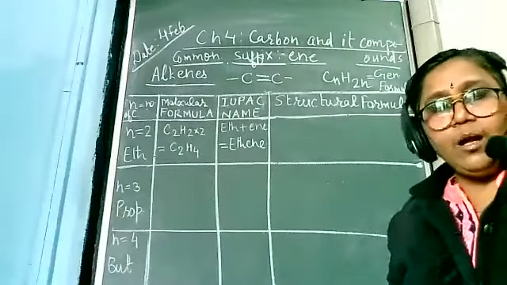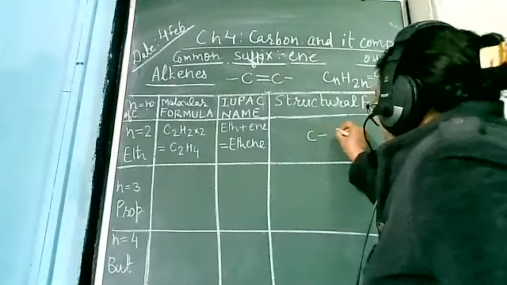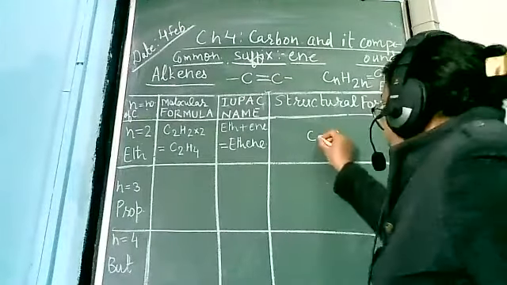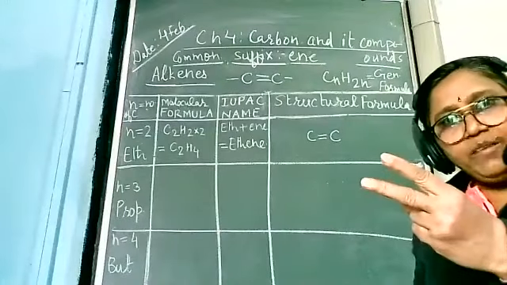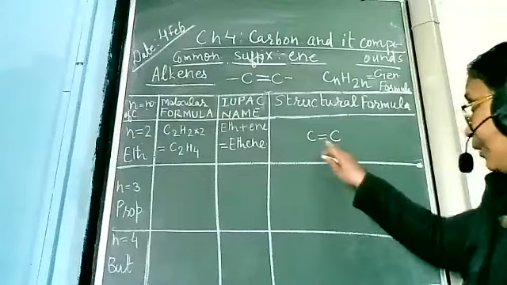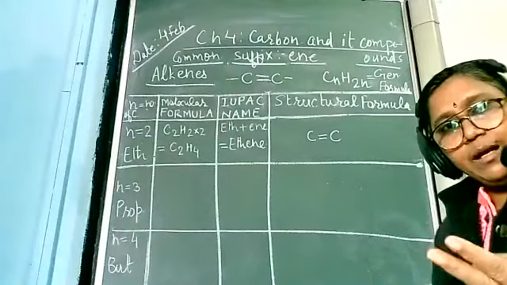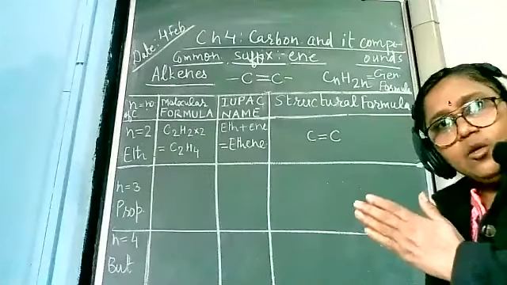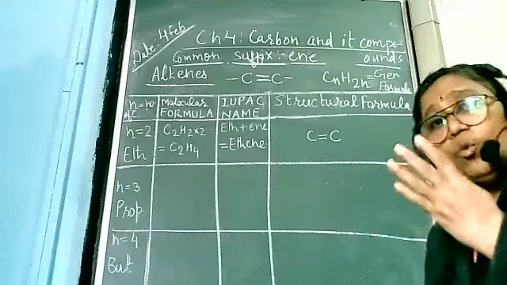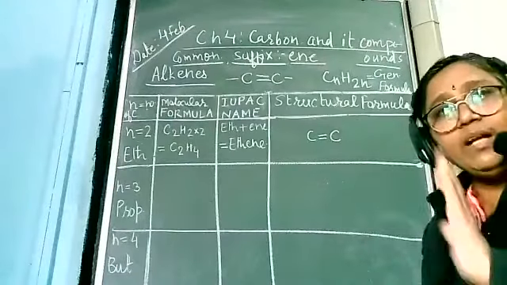Right? Now, how to write the structural formula? First, I will make a chain of carbon atoms because I know that carbon atoms are forming a double bond between each other. So I will make a double bond. Now, as I told you yesterday, onward, when your chains are bigger in size, you will count only how many electrons are required and how it will gain.